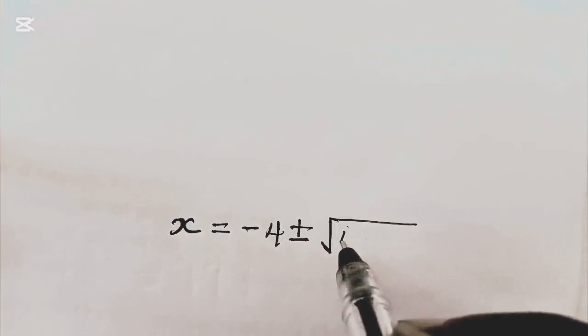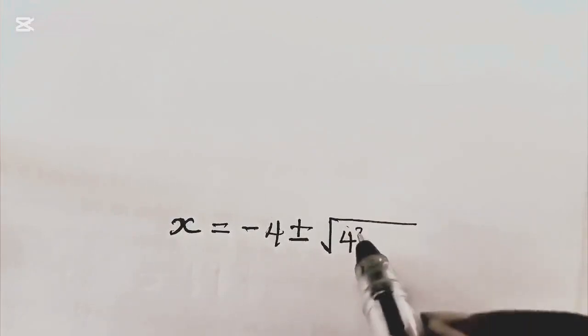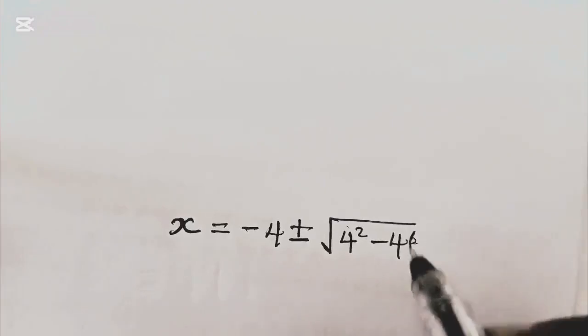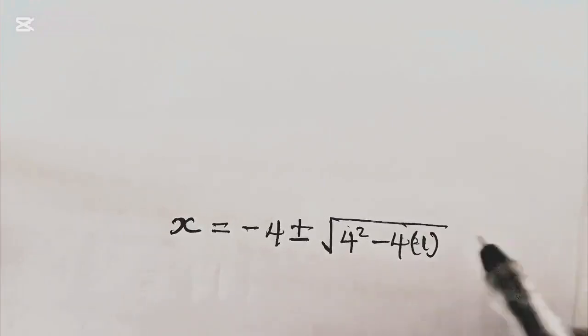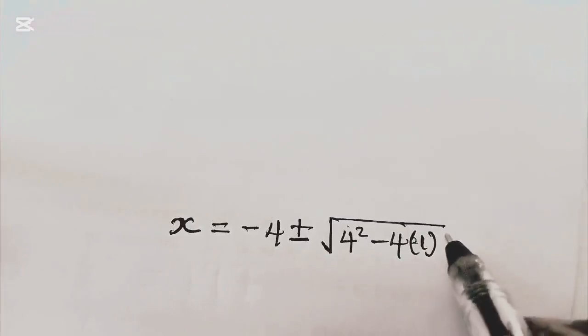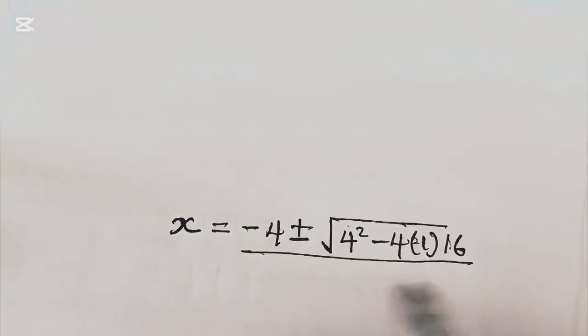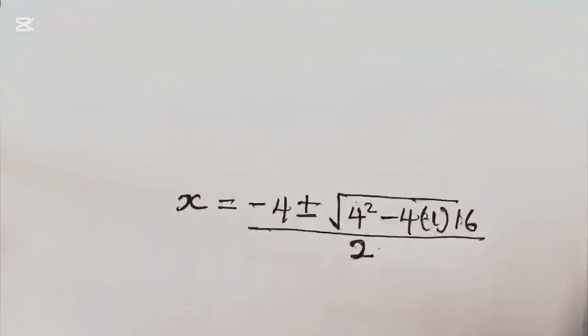Then we have 4 squared minus 4. Our a is 1. Then our c is 16. All divided by 2 times a, which is 1. 2 times 1, 2.